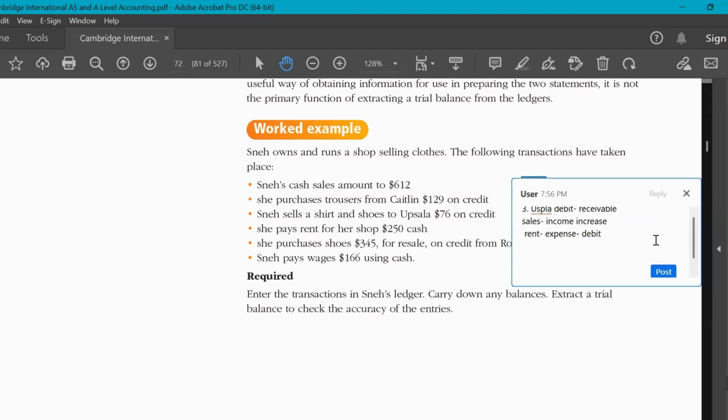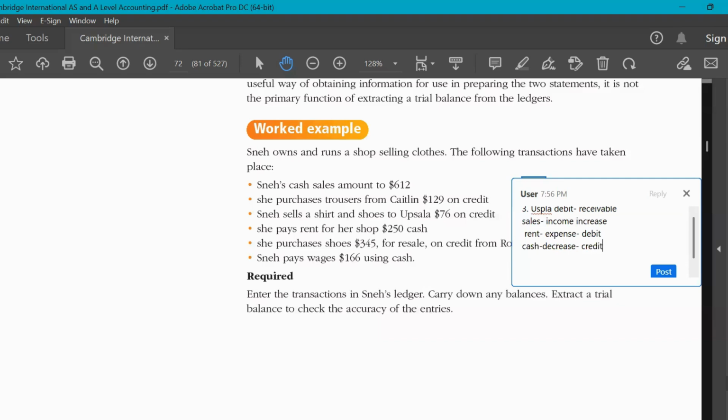On the other hand, what happens to her cash? Her cash, as an asset, decreases. So every time there's a decrease of the cash, automatically the asset will decrease, money goes out, so it means the cash becomes the credit side.